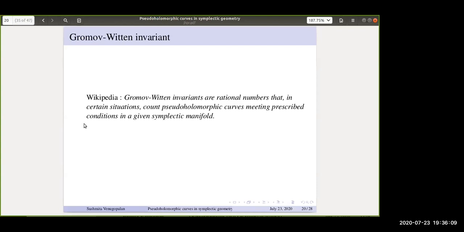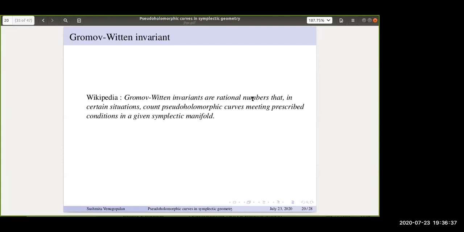So you have to come up with a theory which extends whatever there are some cases where these invariants can be defined, but you want to extend it to all possible symplectic manifolds, then you have to extend the theory in a consistent way. But in those extensions, it's not even fair to say that they are actually counts of pseudo-holomorphic curves.